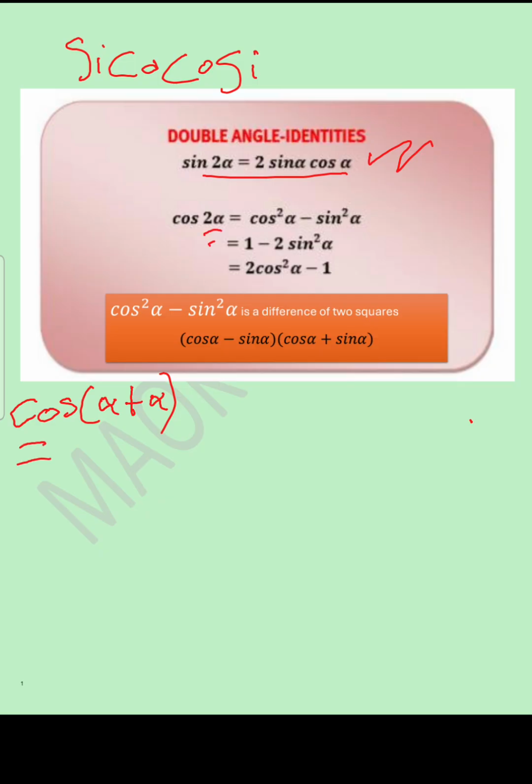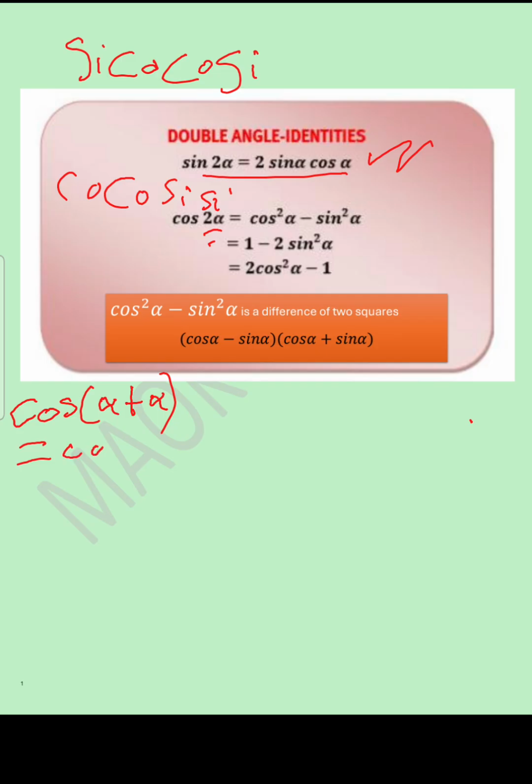It is equal to, remember the pattern, the compound angle identity of cos. The compound angle identity of cos is CC. Remember, for sine we say CS for sine. That is for cos now. CC is for cos.